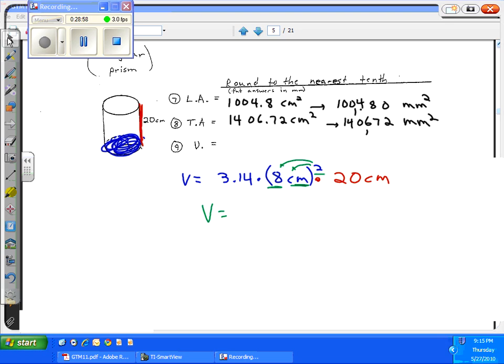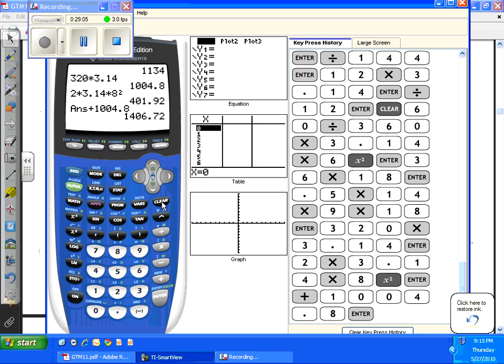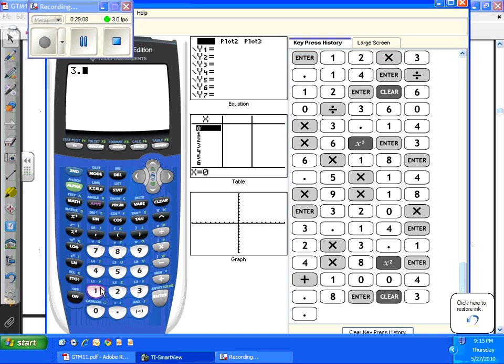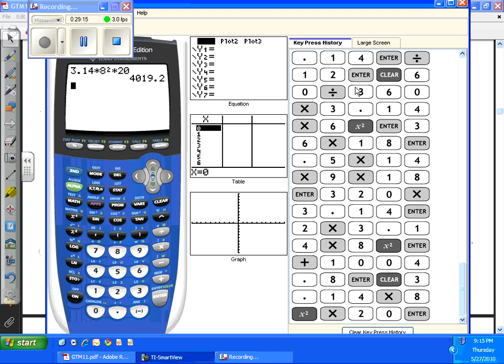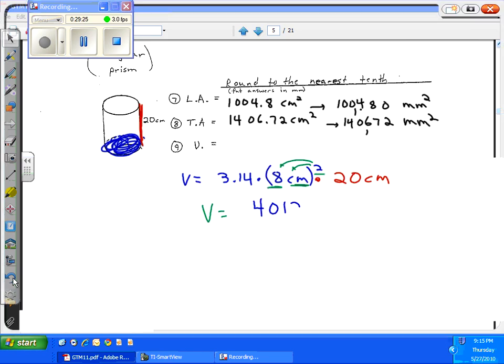So we're going to have 3.14 times 8 squared times 20. 4,019.2.